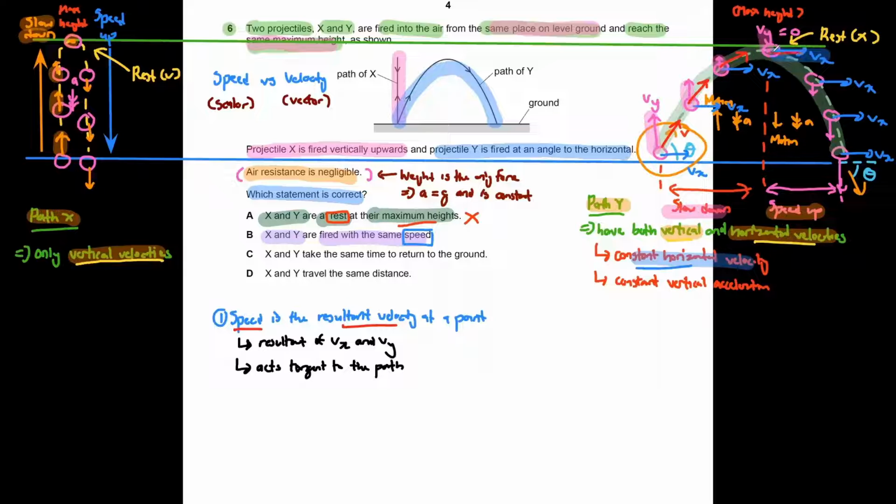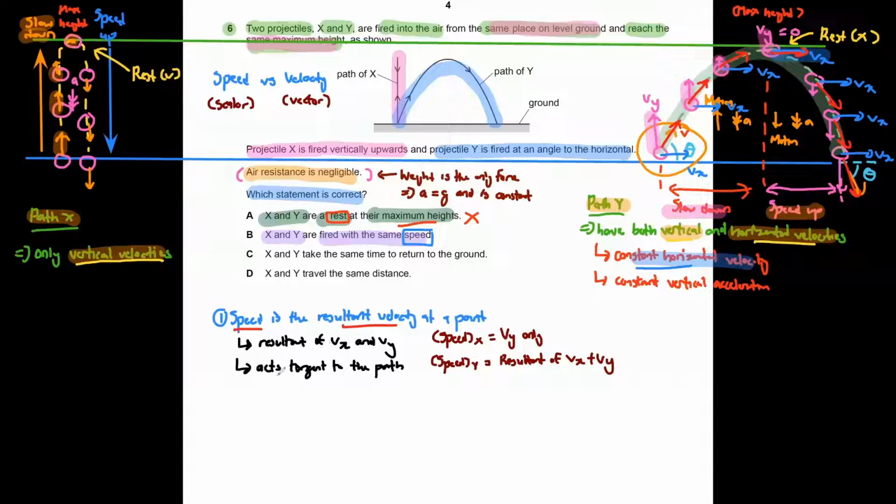It is the resultant of your horizontal and vertical velocities, and it will be tangent to the path at the point that you consider. Let me just write it over here. When you're talking about speed at X, it is the vertical velocity only. But when you're talking about the speed at Y, it is the resultant of your horizontal and vertical velocity.